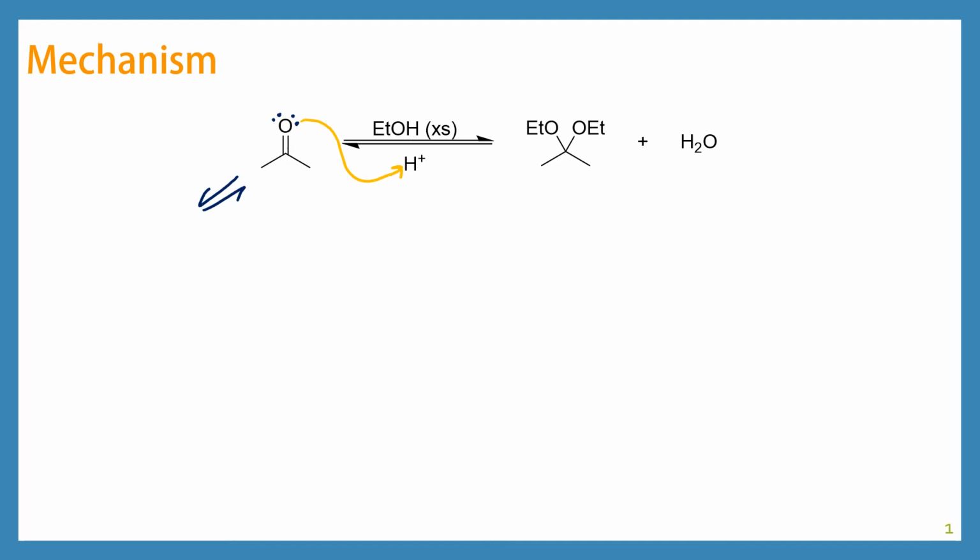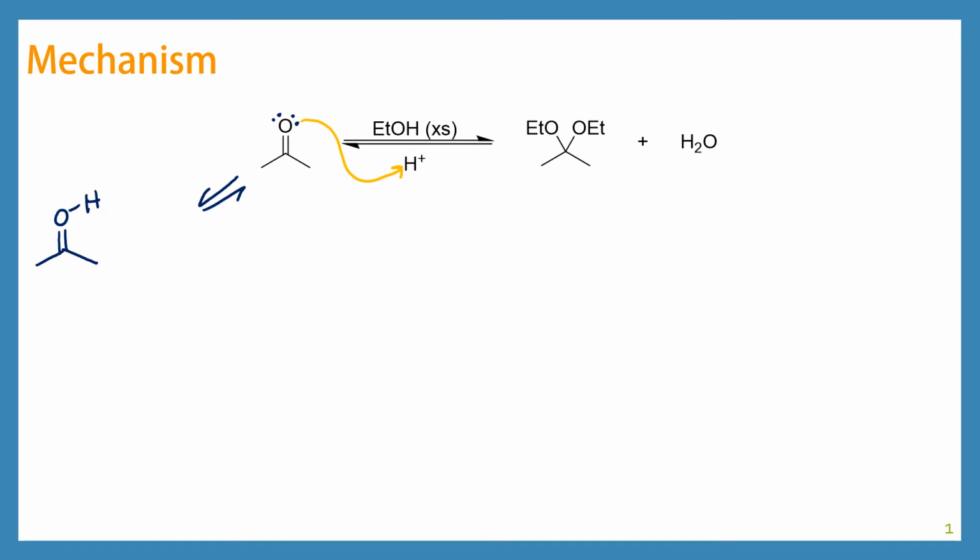and notice we're going to use reversible arrows for every step of this mechanism because this mechanism is reversible. And now we have a hydrogen attached to the oxygen. Every time you draw a new structure, also do a little accounting and make sure that you have exactly the right structure.